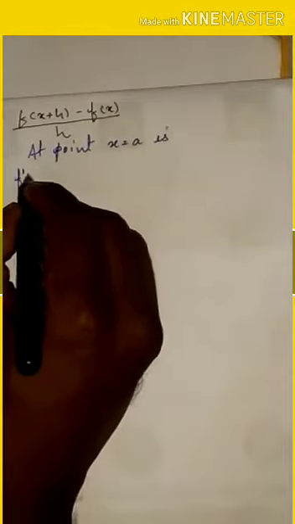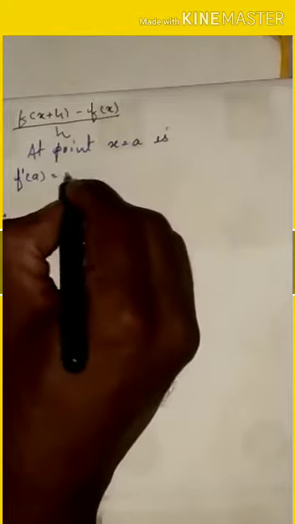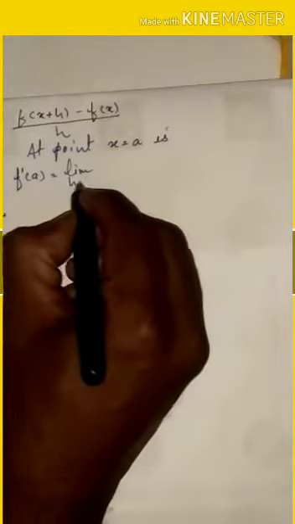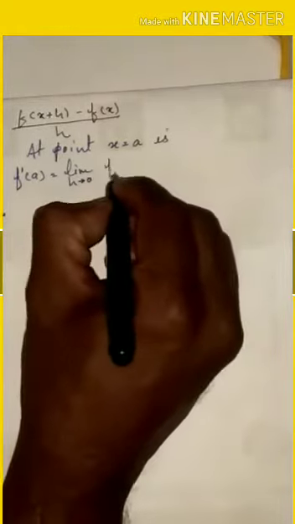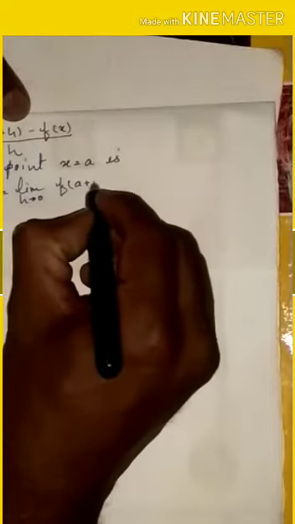So we are replacing x by a. So this f dash of a will be equal to limit h tends to 0 f of x, so this x will be replaced by a, again there is x, so this will be the derivative of the function at point x is equal to a. Got it?